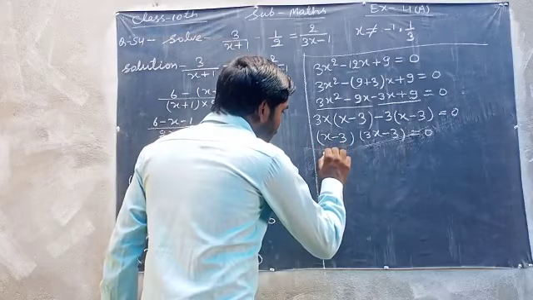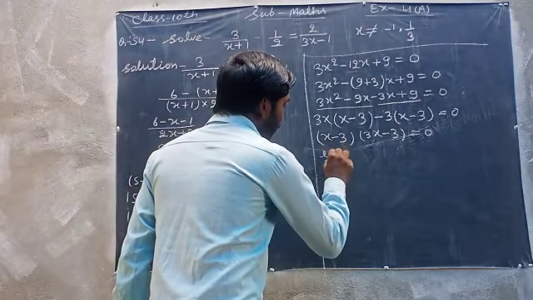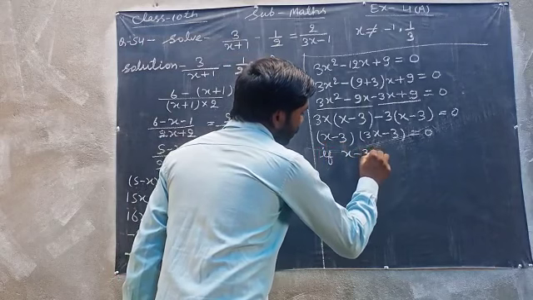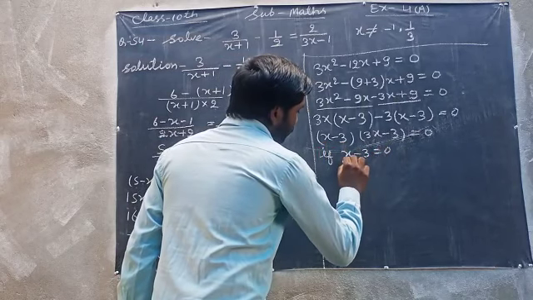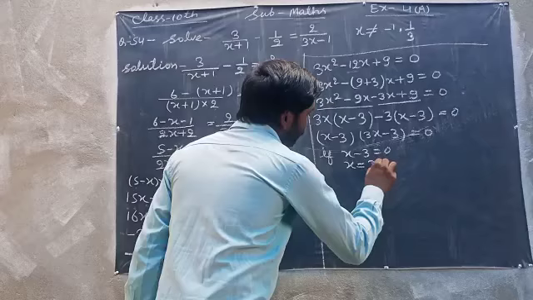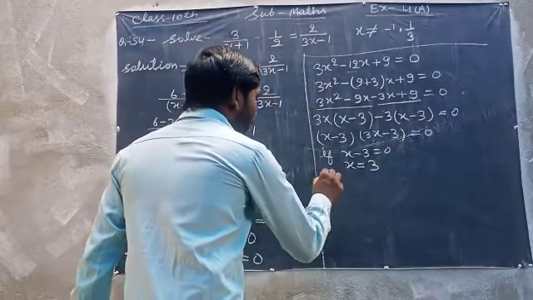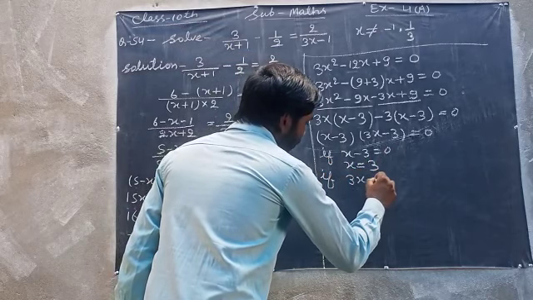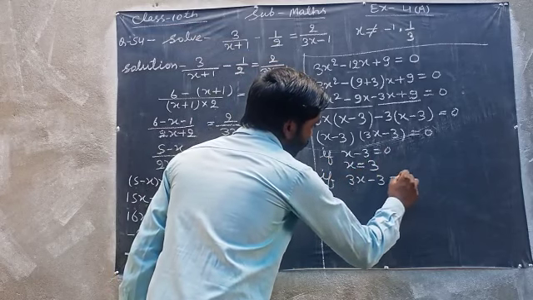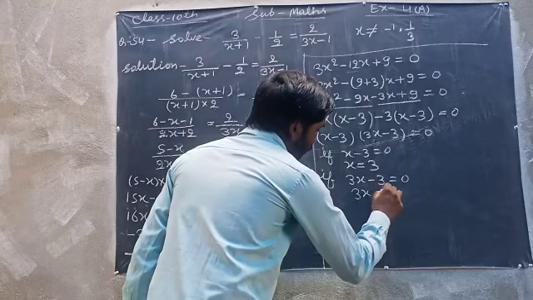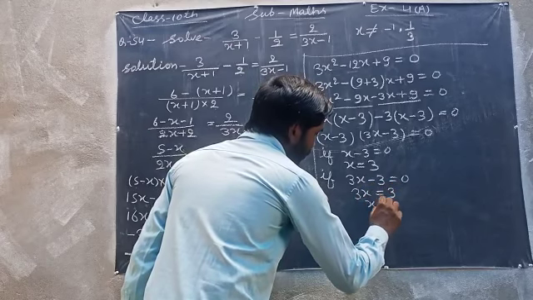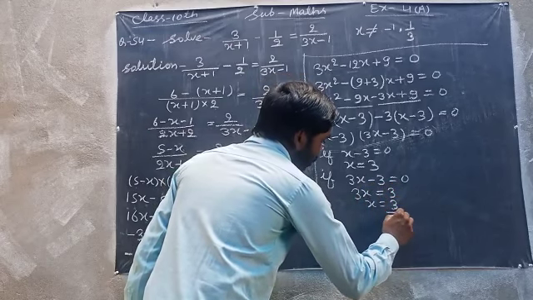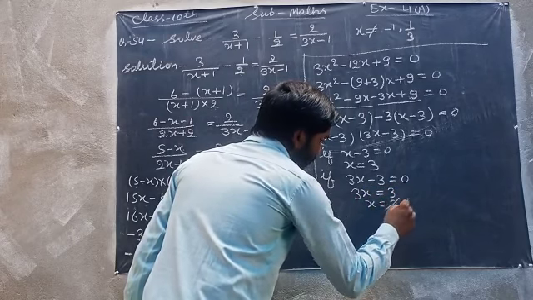So from here, if x minus 3 is equal to 0, then x is equal to 3. And if 3x minus 3 is equal to 0, then 3x will be equal to 3, or x will be equal to 3 upon 3, which is 1.